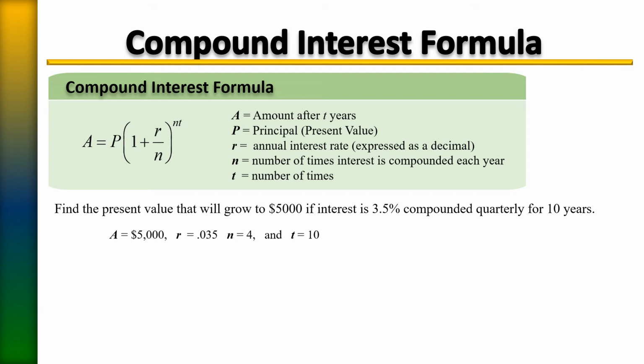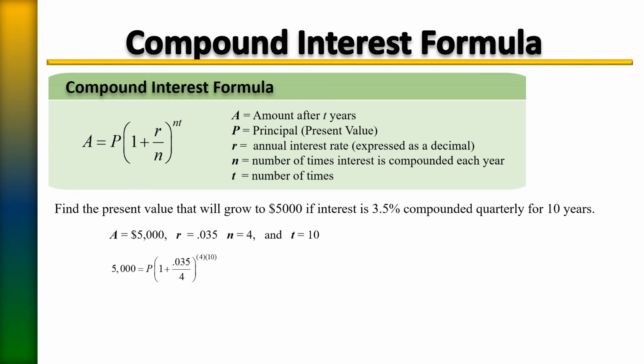So all you have to do is simply plug those values into your scientific calculator. Don't expect to calculate that by hand, because as you see here, 4 times 10, that's 40. You would have to raise that to the 40th power. But yes, it's real quick and simple. Just use your calculator to make the calculations.